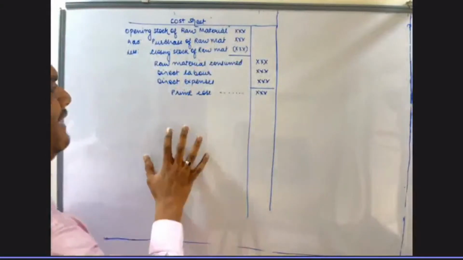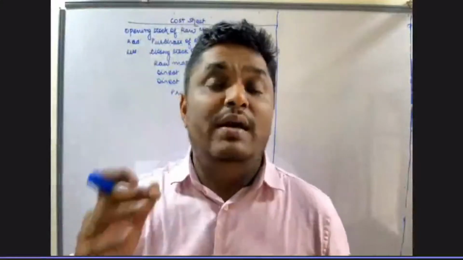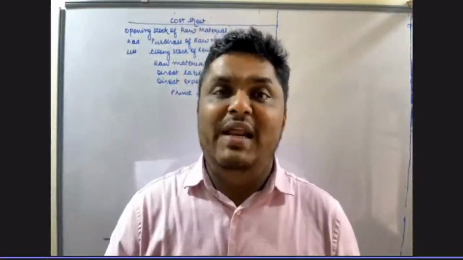Now let's start with indirect cost. As I told you guys, these indirect costs are incurred at three levels, that is factory level, office and administration level, and selling and distribution level.